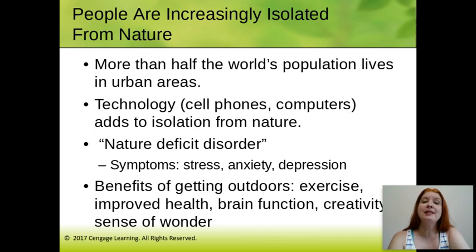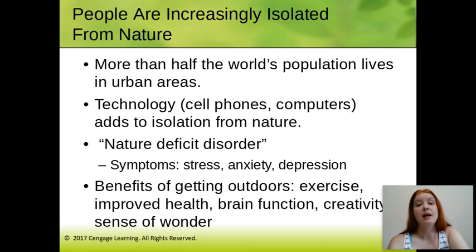People are also increasingly isolated from nature. And many times this year, you'll hear me say, your homework is to go outside and just be outside. Enjoy it. More than half the world's population lives in urban areas. Technology, cell phones, computers, add to isolation from nature. You guys are either looking at your cell phones, or you're playing video games, or you're watching TV, or you're on your computer.